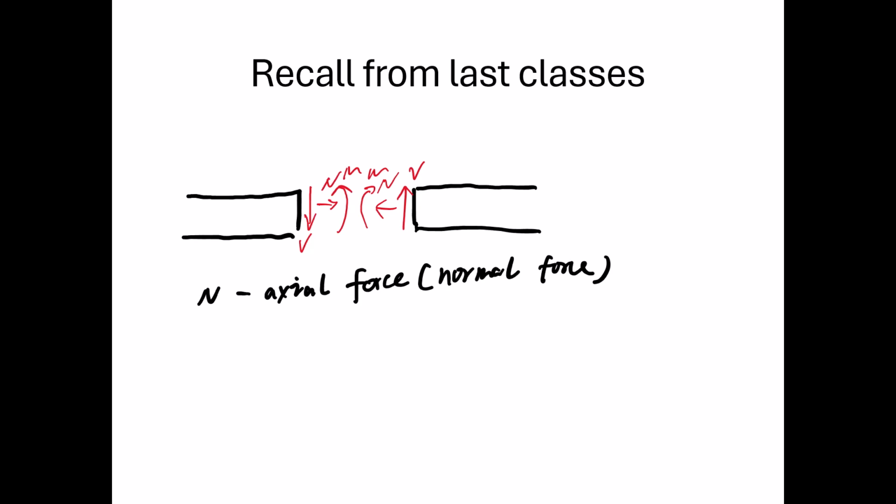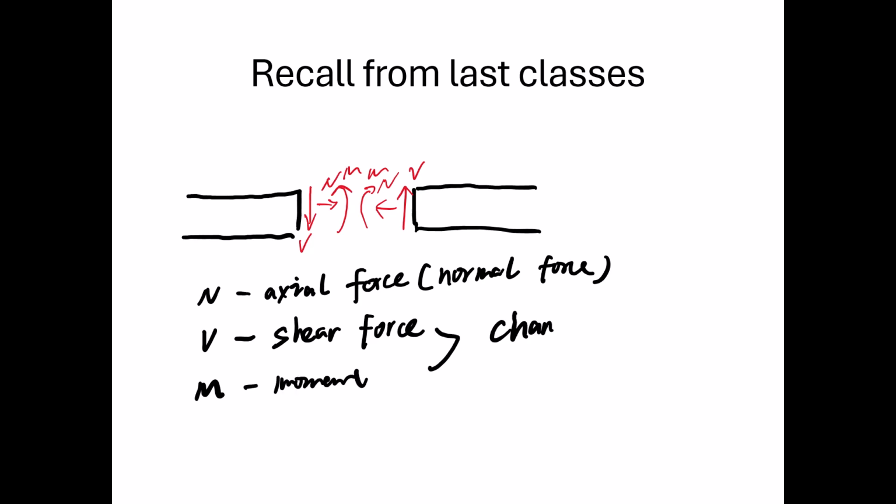And M is the moment. Those will change along the beam. And the thing we are going to talk about today is how to find the change of the shear and the moment and show them in a diagram.